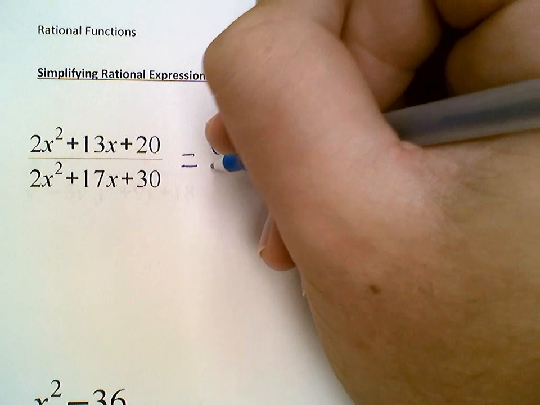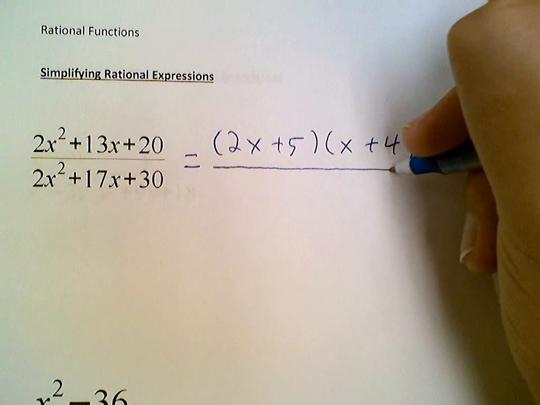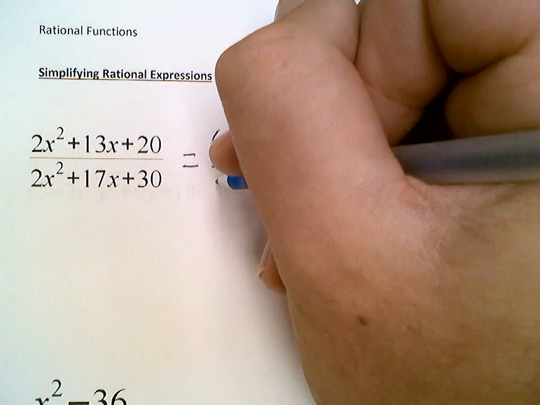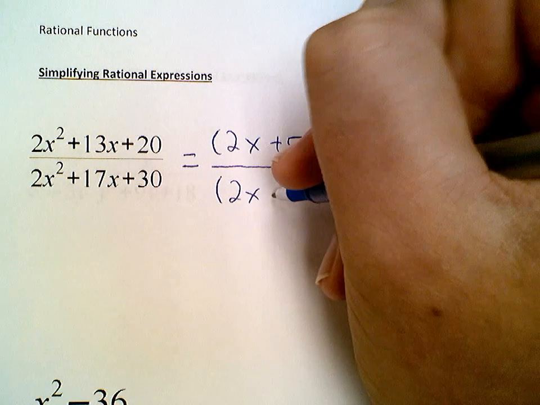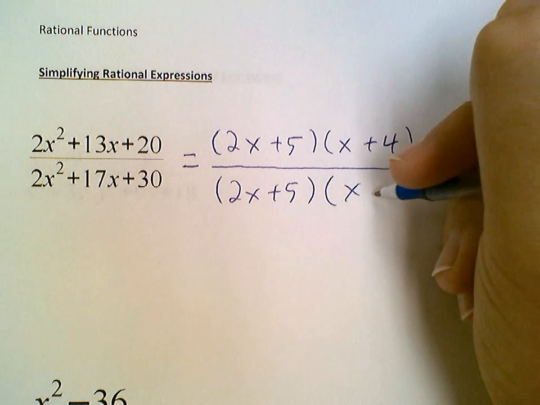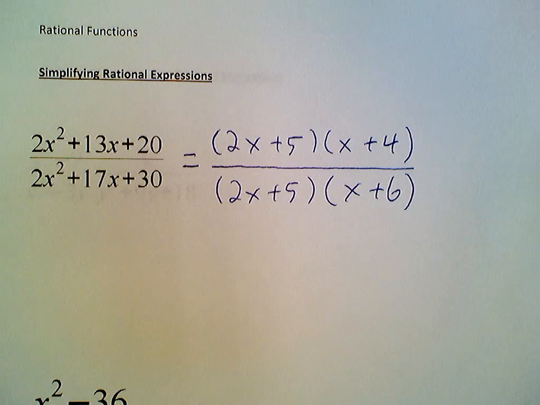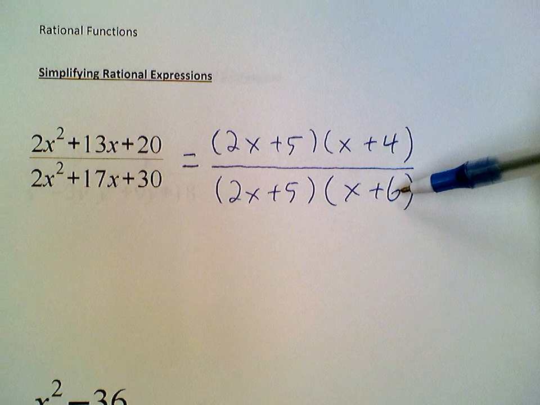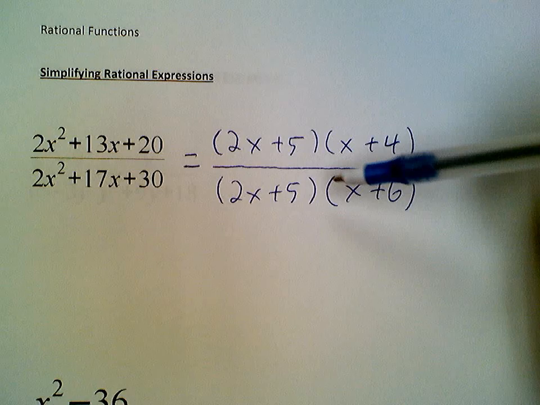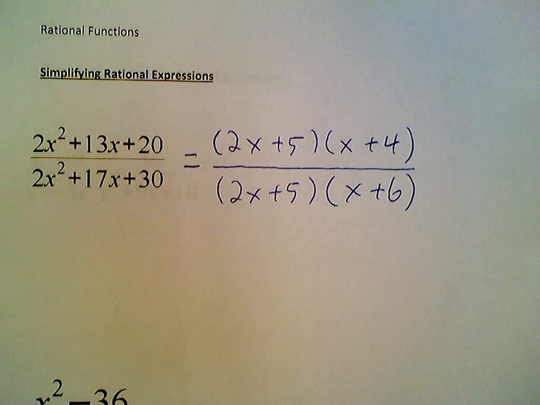Okay, now in the denominator, I got 2x squared plus 17x plus 30. That can be factored into 2x plus 5 times x plus 6. Okay, and you can double check that too. 2x times 6 is 12x, 5 times x is 5x, 12 plus 5 is 17, 5 times 6 is 30.